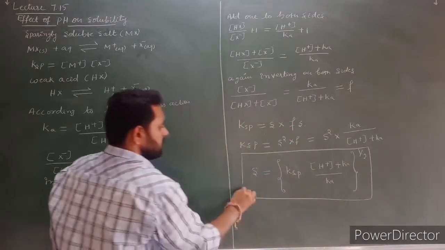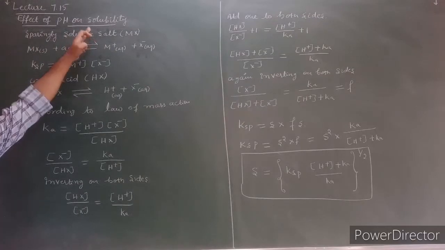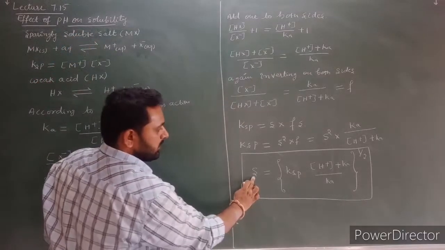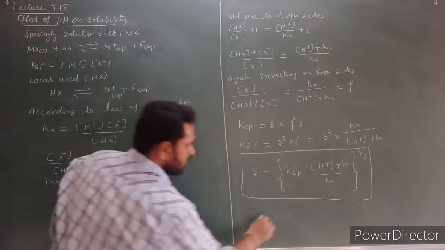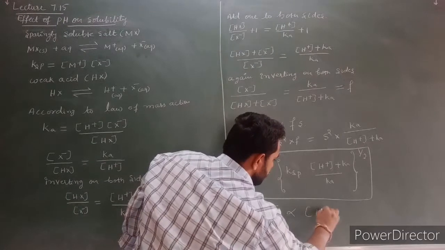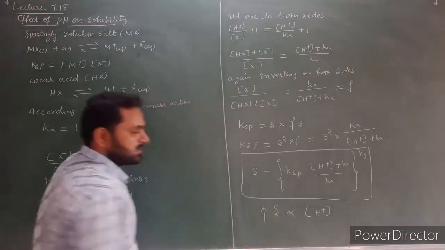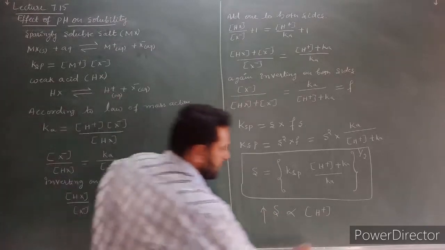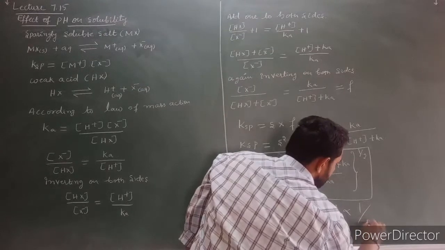From this relation we can explain the effect of pH on solubility. In this relation, solubility is directly proportional to the molar concentration of H+ ions. That means solubility increases as the concentration of H+ ions increases, or it is inversely related to the pH value.